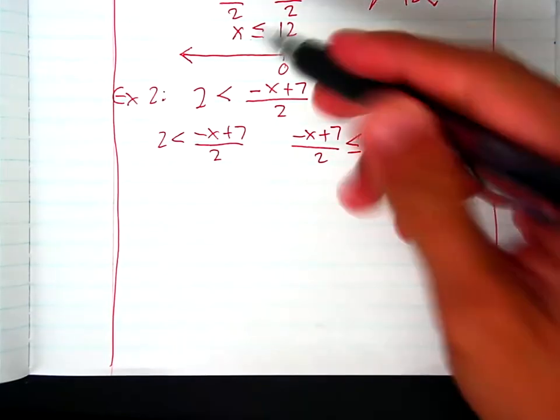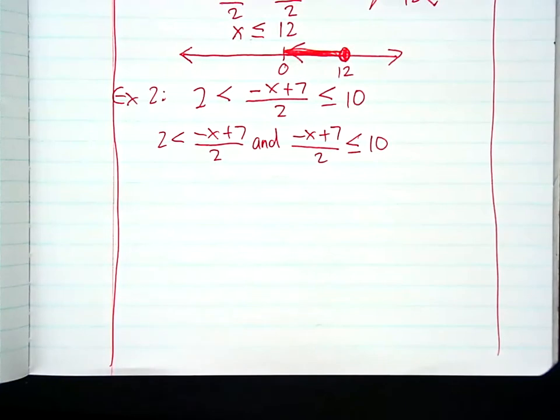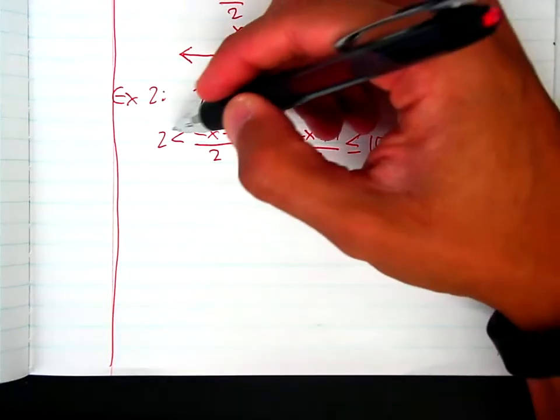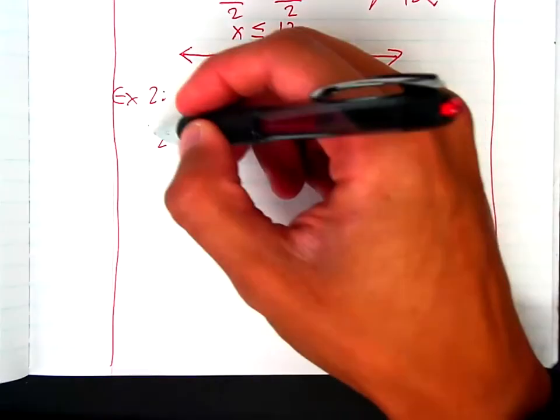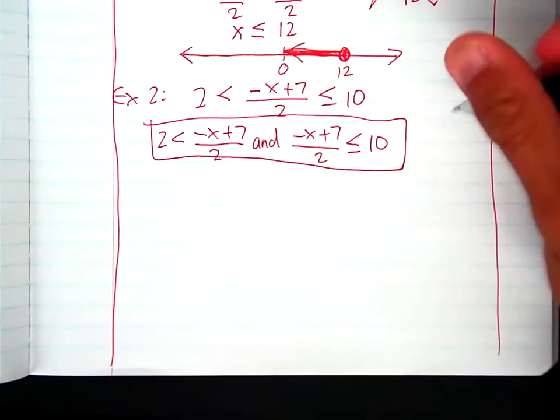And then since this is a compound inequality, I'm going to put and. You could solve it that way. That's one way. I could solve it as a single inequality like example 1. But today I'm going to try to solve it as a compound inequality. So this is just another option.